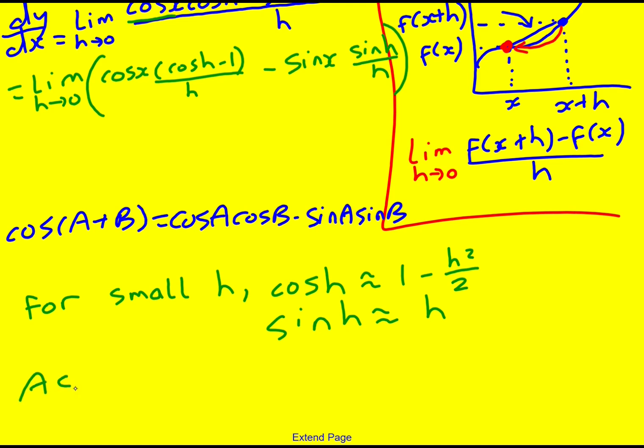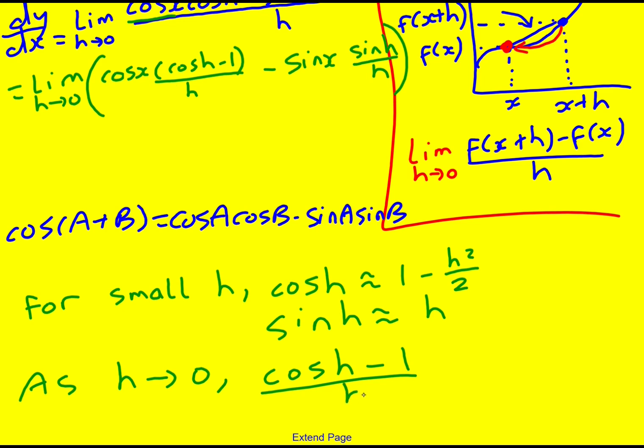So as h tends to 0, cos h tends to 1. Actually, I need to be a bit careful here because it's going to be cos h minus 1. I need to not just consider cos h, I need to consider (cos h minus 1) over h, because h is also tending to 0 on the bottom.